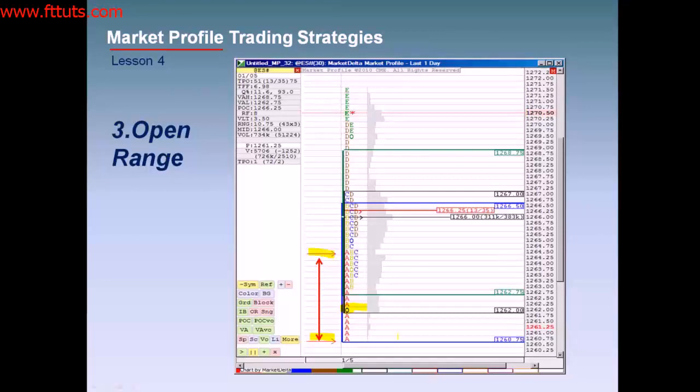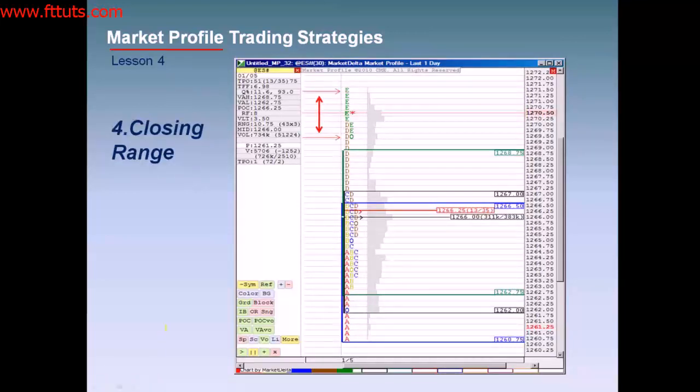In this case, my open range is from 1260.75 all the way up to 1264.50. I will explain a little later why it is important to keep track of the open range. And hopefully you've been collecting numbers for the study that I asked you to perform in the last lesson, because it asks you to include the numbers for the open range for each day.